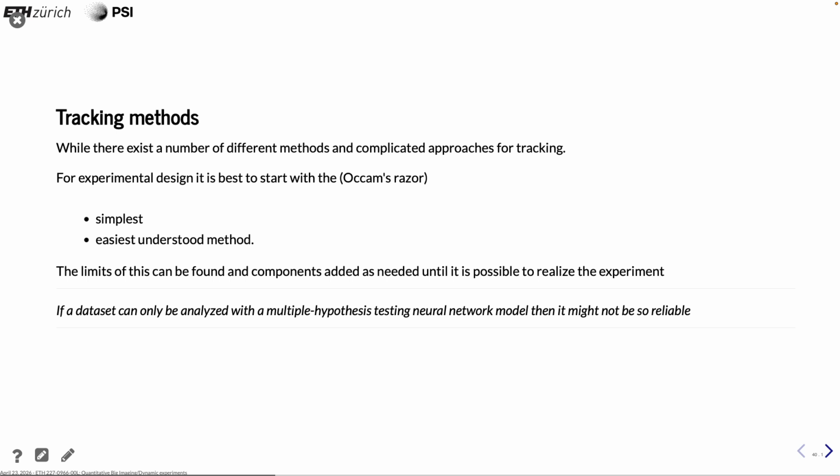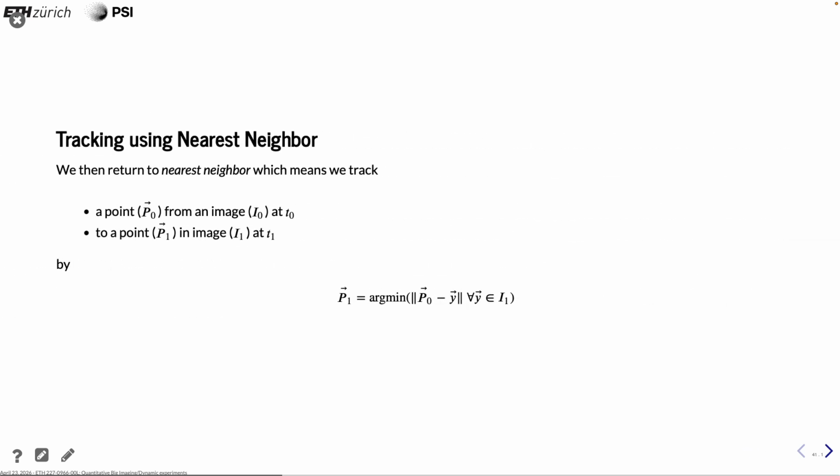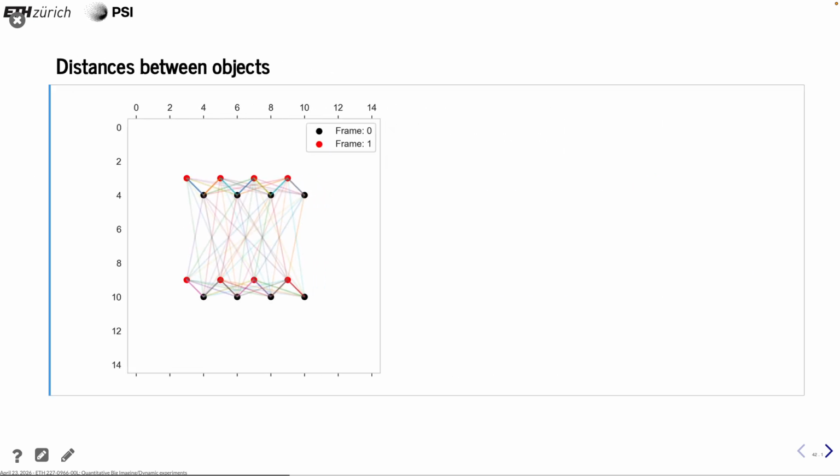But let's start with a very simple one. So we have a point in image 0, and we have a point in image 1. And then we just look for the smallest distance to a point in the next image. And that's about what we do in this example.